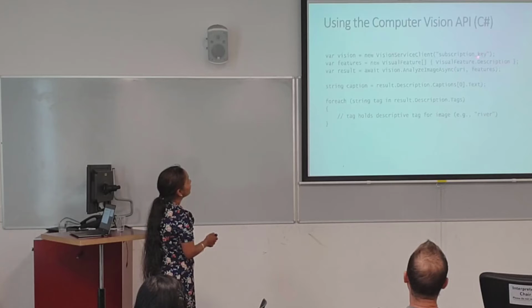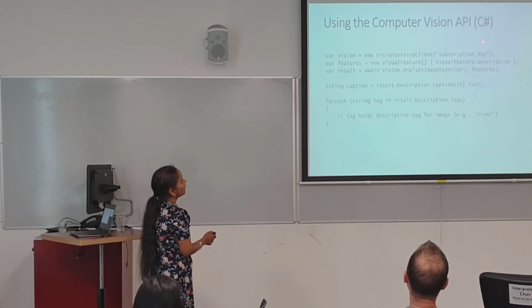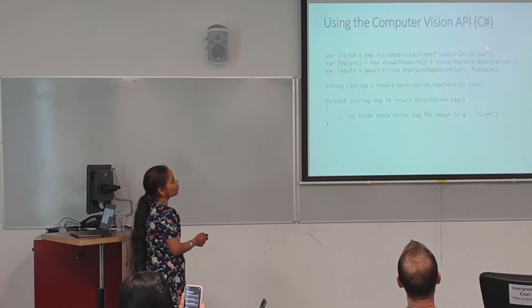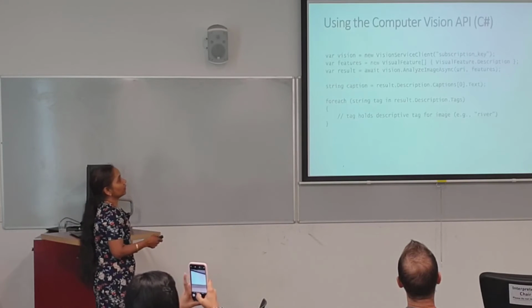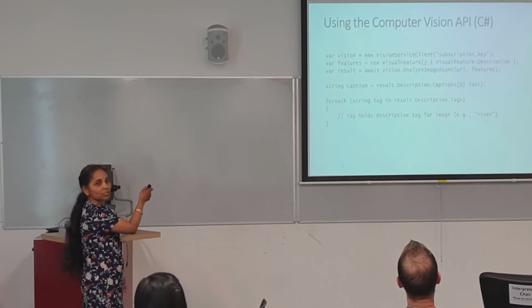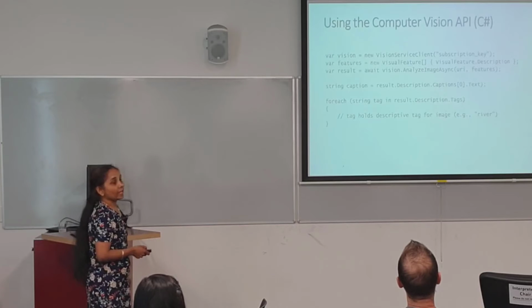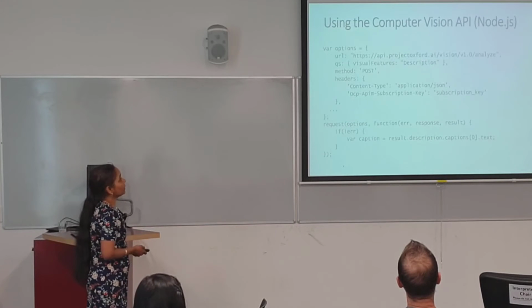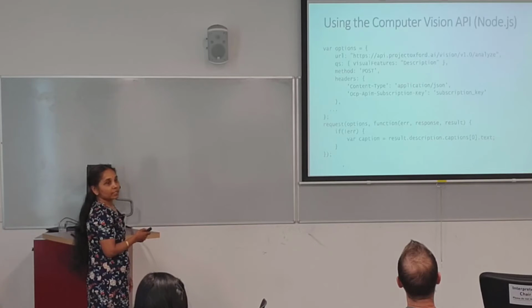See the subscription key here, and there is an endpoint, which is the URI. You have to have those two. If you give those two, then you can use this particular code, and it's not a big code, so you can use that and create your application. And there is another code base in node.js.